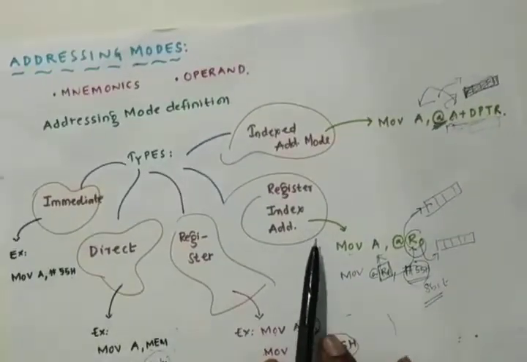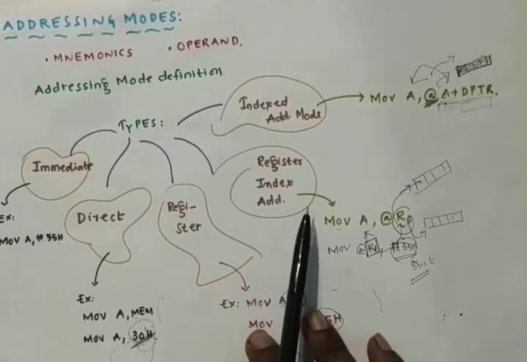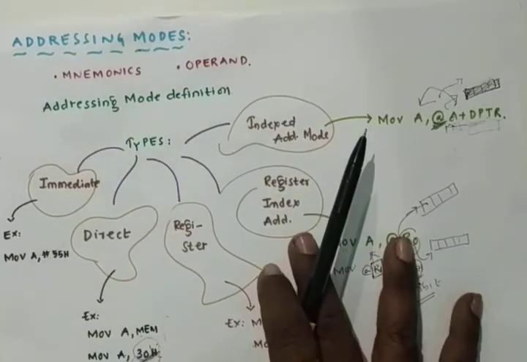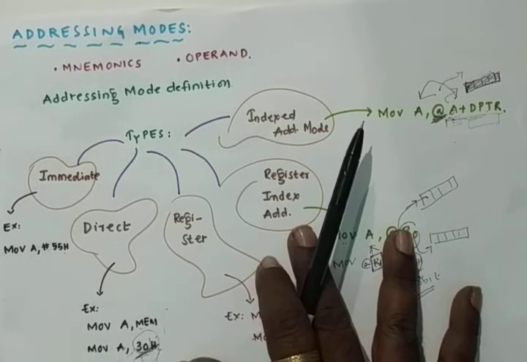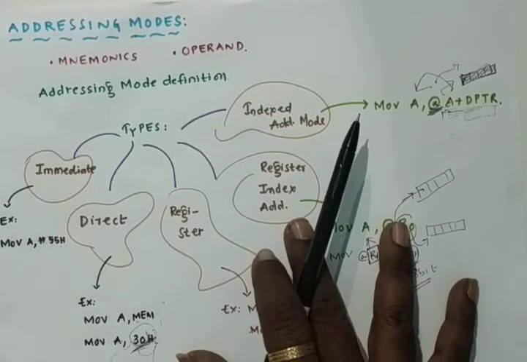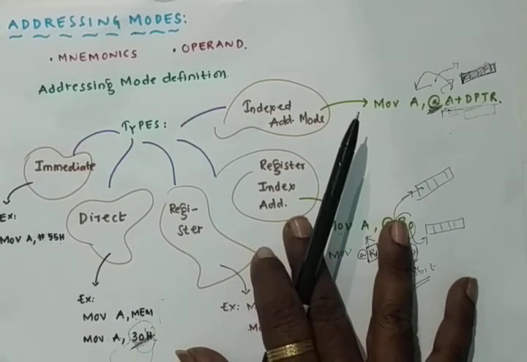These are the various addressing modes of the 8051 microcontroller. The addressing modes are the ways in which data can be accessed by the 8051.